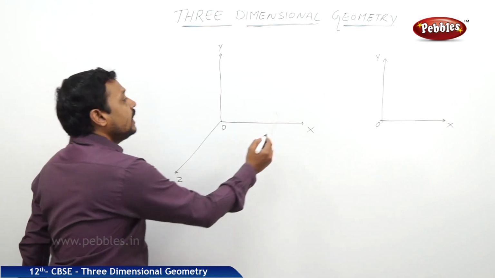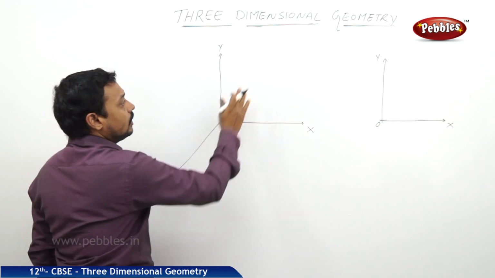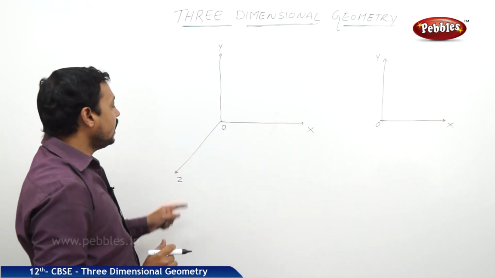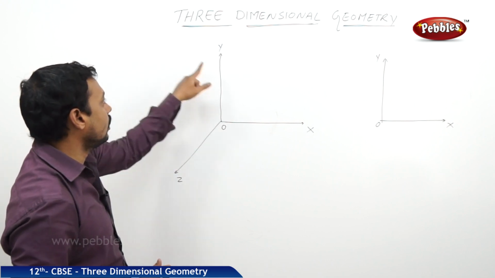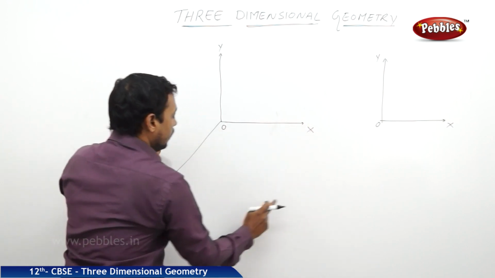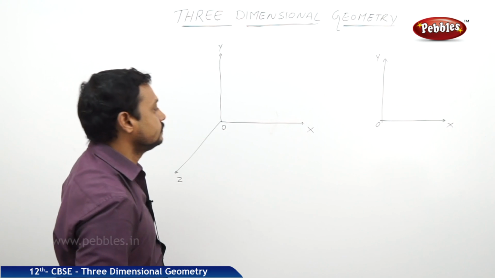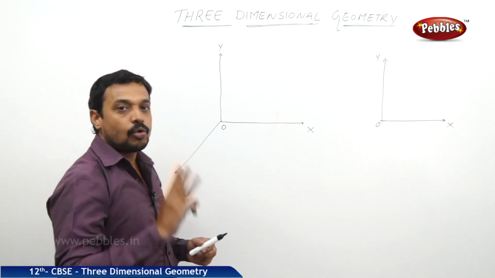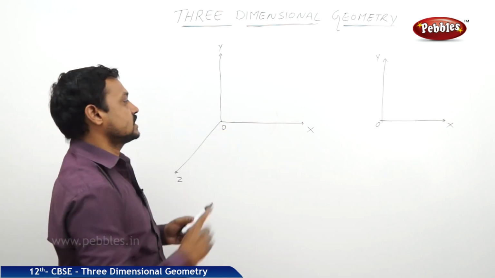The plane determined by the two coordinate axes x and y is called the xy plane, the plane determined by the y and z axes is called the yz plane, and the plane determined by the x and z axes is called the xz plane. So there are three coordinate planes. What are they? xy, yz and zx.